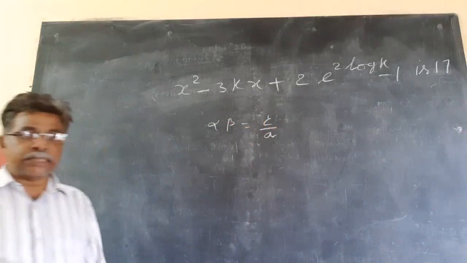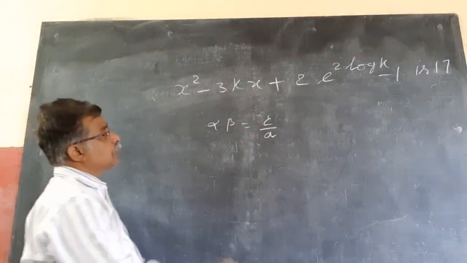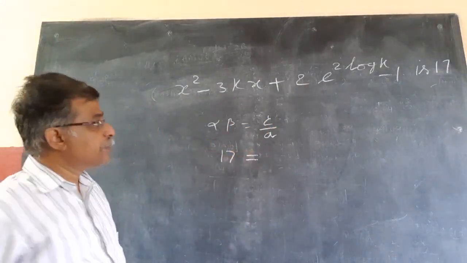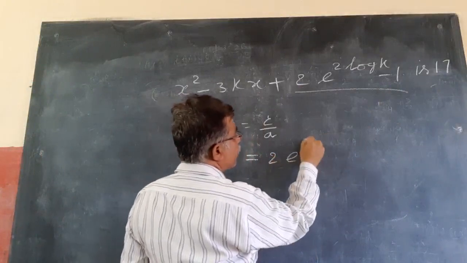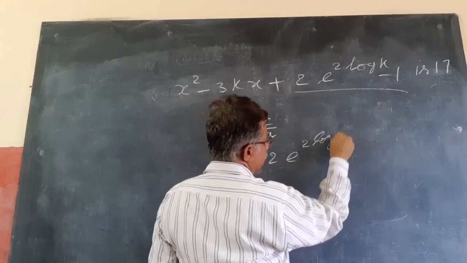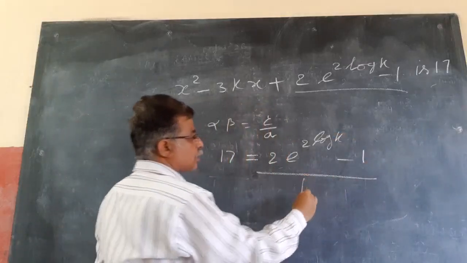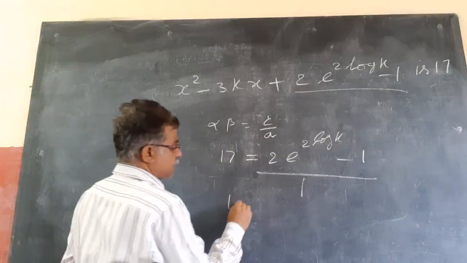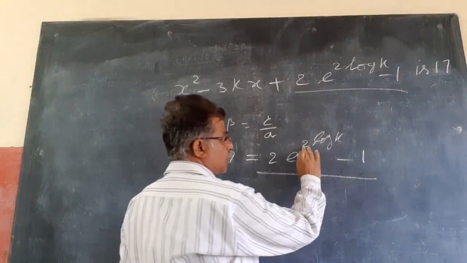Product of the roots is c by a. Now here the product of the roots is 17. So 17 equal to c by a. What is c here? 2 into e power 2 log k minus 1, and a is 1. So bring this minus 1 to this side, becomes 18 equal to 2 into e power 2 log k.